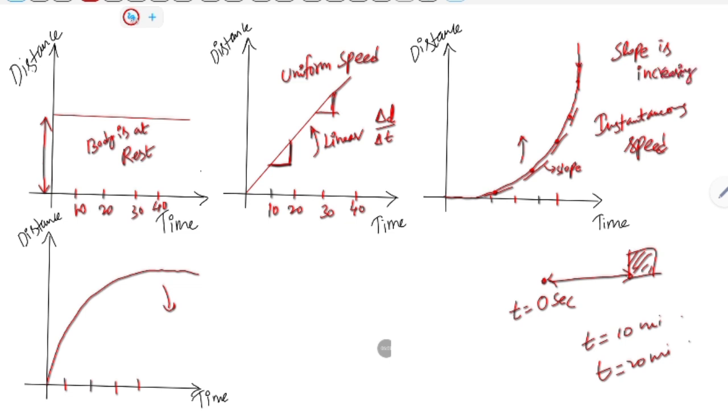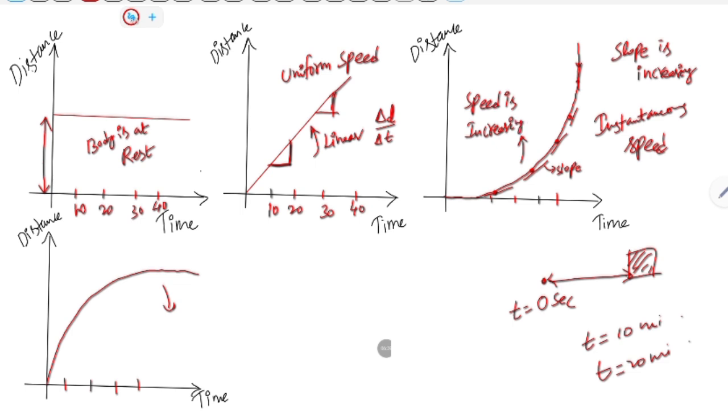So it indicates that the speed is increasing. Speed is continuously increasing. Basically, the third graph and fourth graph show that the body is in non-uniform motion, and specifically the third graph indicates that the speed is increasing with respect to time, meaning it is accelerating, we can say that.